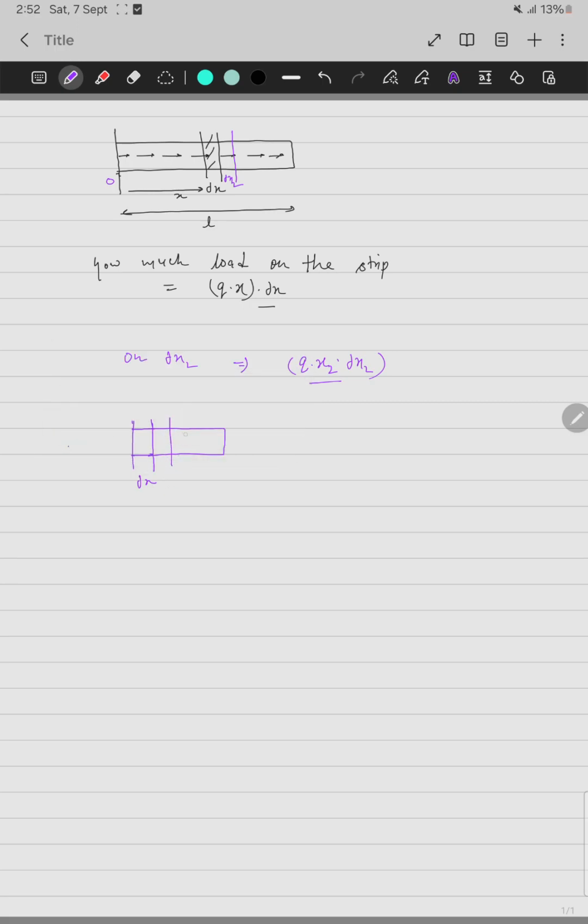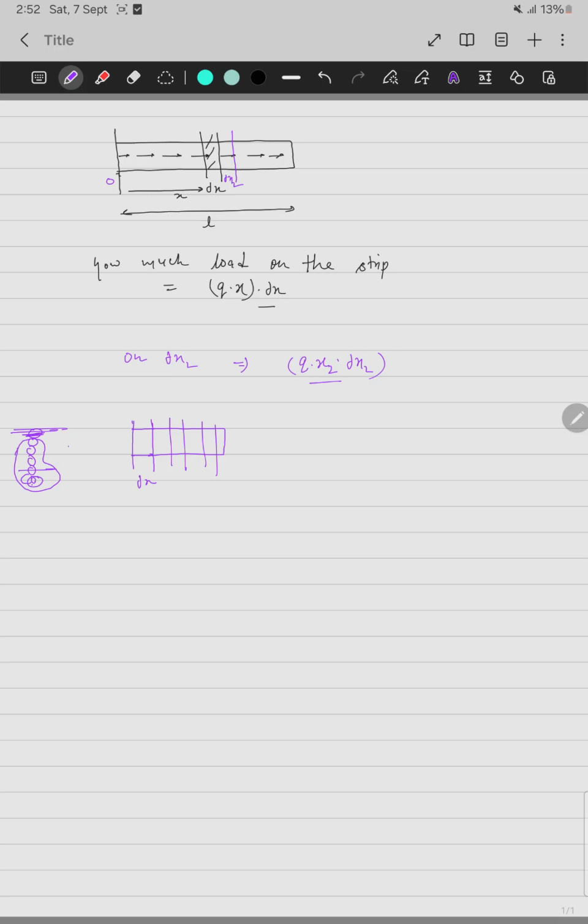It will be like this strip, this strip, this strip, this strip. You can assume it like a chain. Here we consider its own weight, plus the weight of the next, and in the same way the weight acting for this particular link will be the summation of loads on each of these elements.